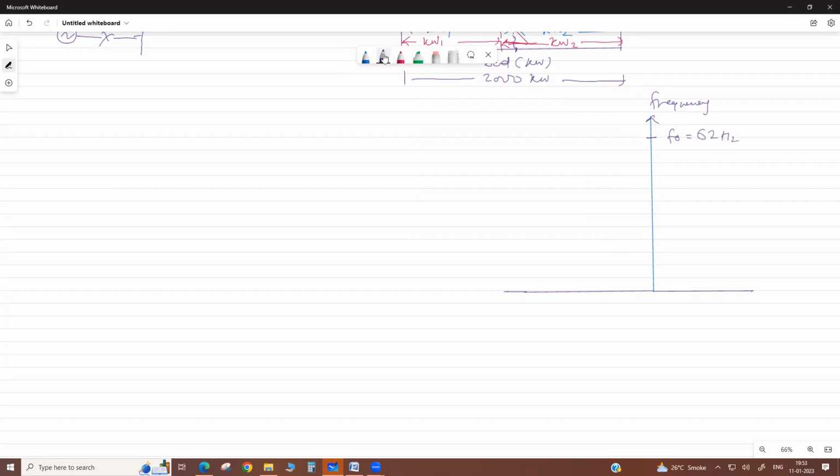So if they are operating at full capacity, their individual load characteristics are this and this.